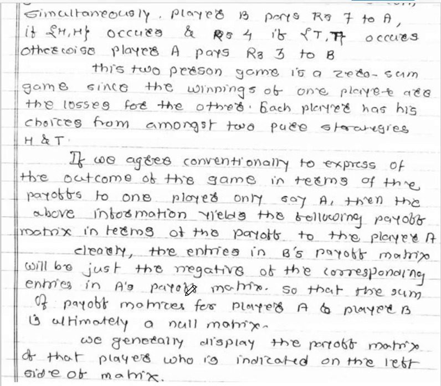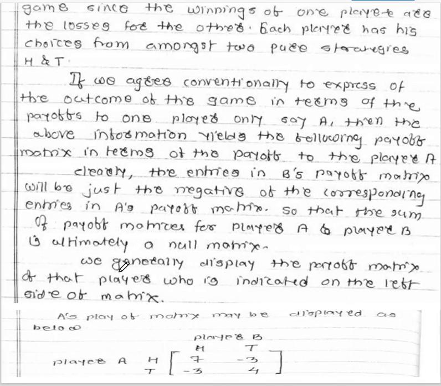If we agree, conventionally, to express the outcome of the game in terms of the payoff to the player A only, then the above information can be written in the following payoff matrix in terms of the payoff to player A. Okay, clearly the entries in B's payoff matrix will be just the negative of the corresponding entries in A's payoff matrix.